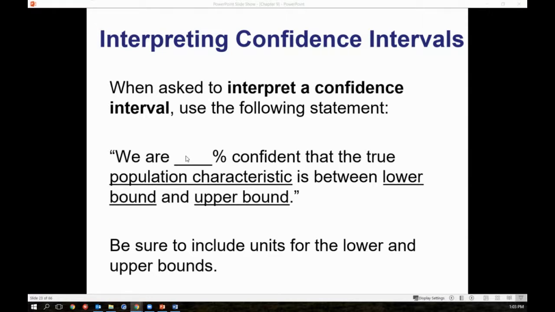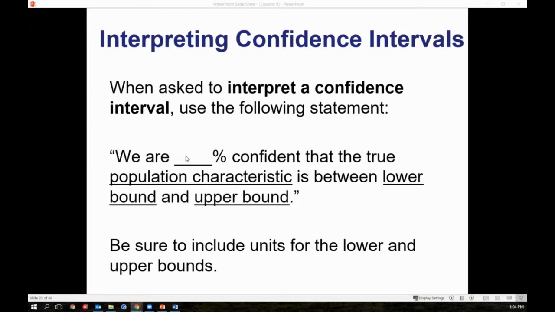We are whatever percent confident that the true population characteristic, really that would be a blank, the true mean, the true proportion, the true whatever, is between our lower bound and our upper bound. Of course, lower bound and upper bound would be replaced with our actual values.